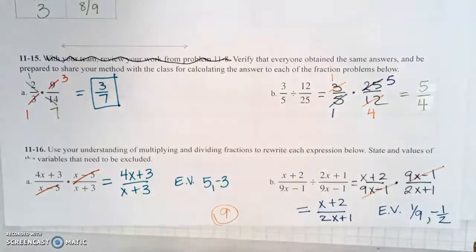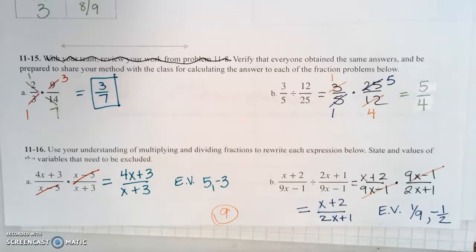Okay? Again, those first two, A and B on 15, should be like your easy problems at this point. It's just getting you warmed up for question number 16, where now we're going to involve some algebra, some variables in there. So use your understanding of multiplying and dividing fractions to rewrite each expression below.